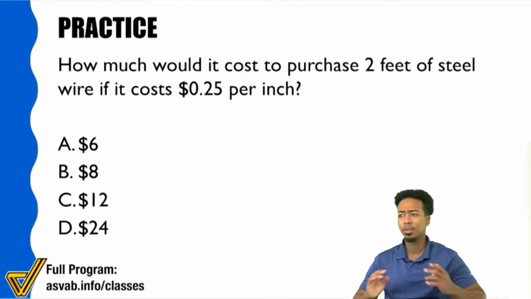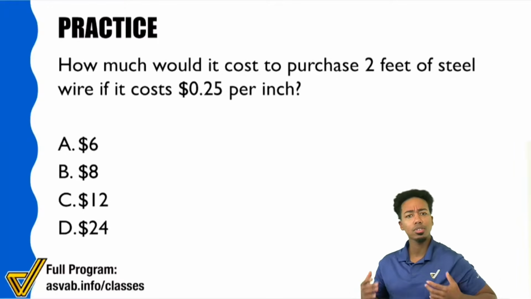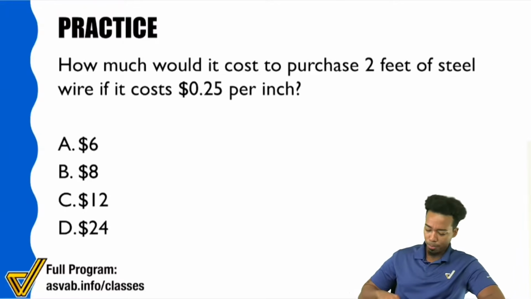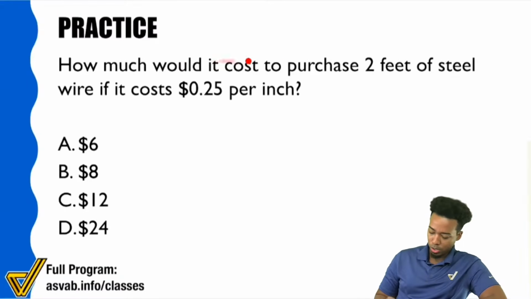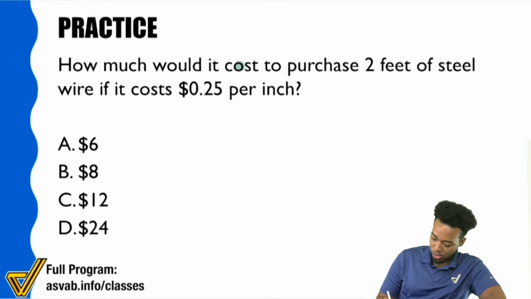And let's really see again how we can apply unit conversions to these problems here. So how much would it cost to purchase 2 feet of steel wire, if it costs 25 cents per inch? Immediately, my party people, we want the total cost, and the cost is 25 cents per inch.